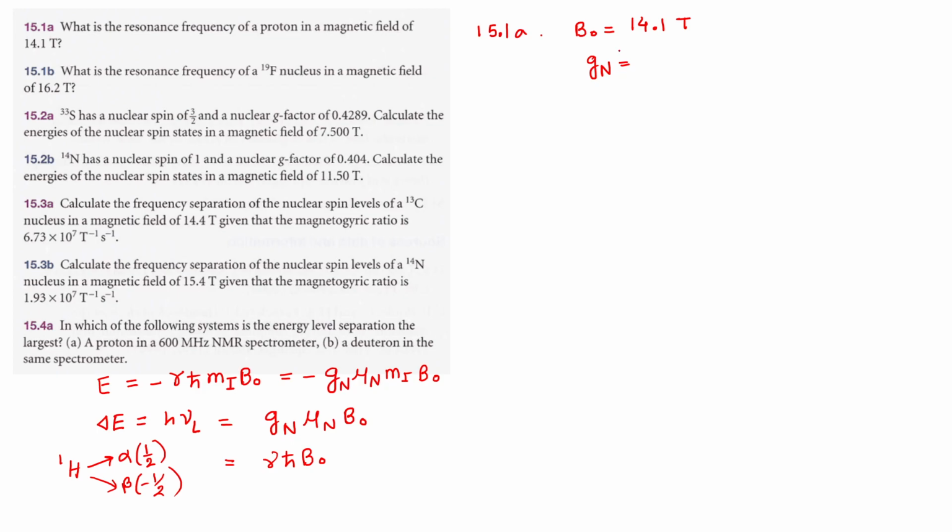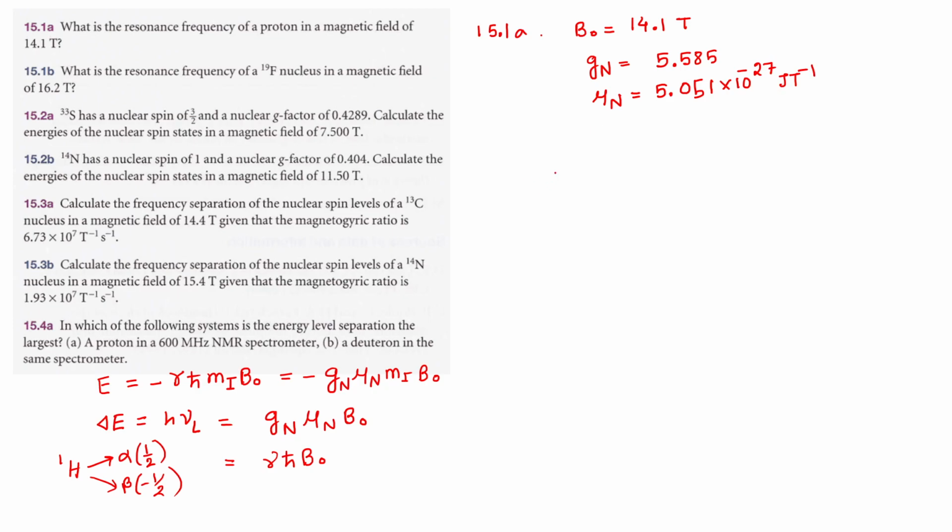I don't think I have given it to you, but right now let me give you the Gn value for the proton. That is something around 5.585. And the nuclear magneton value I have given, that is 5.05051 into 10 to the power minus 27 Joule Tesla inverse.